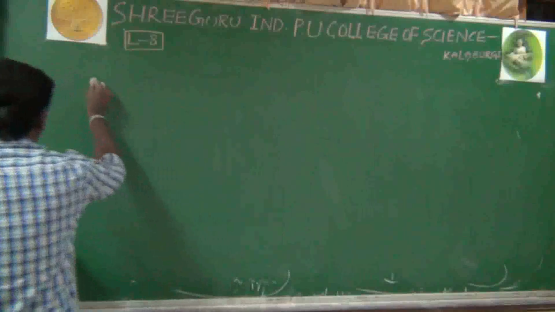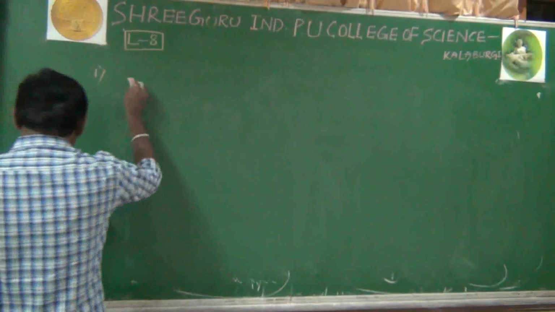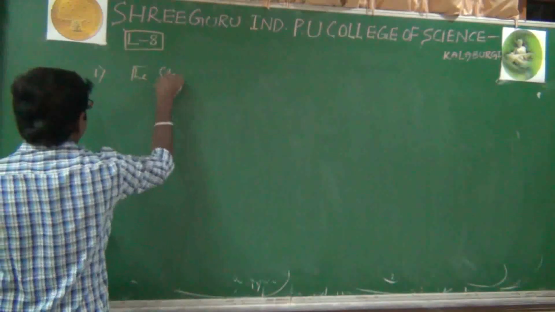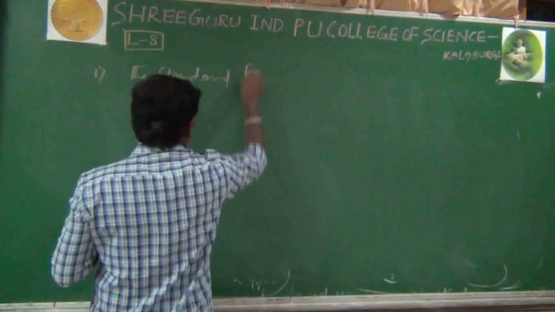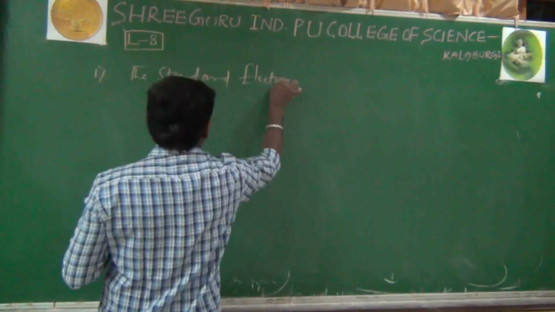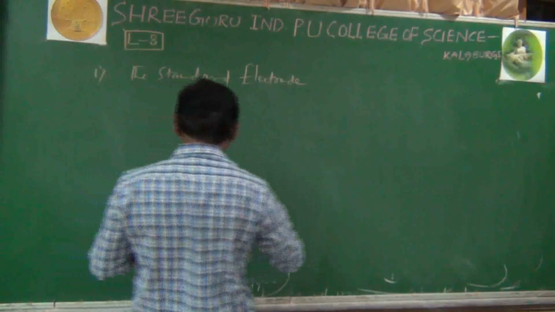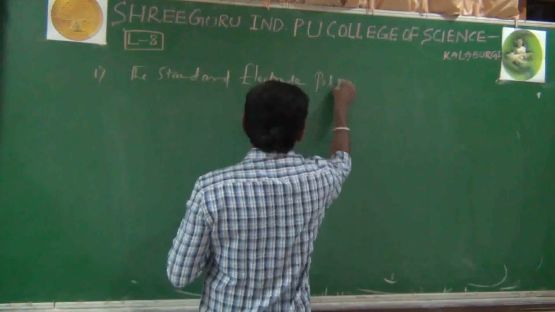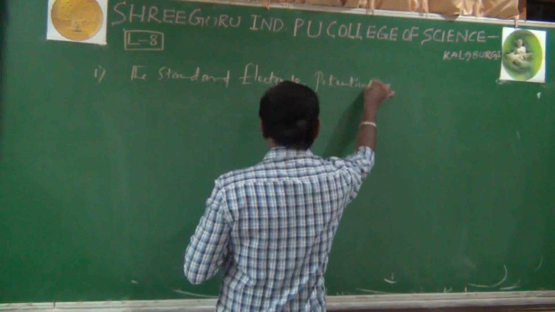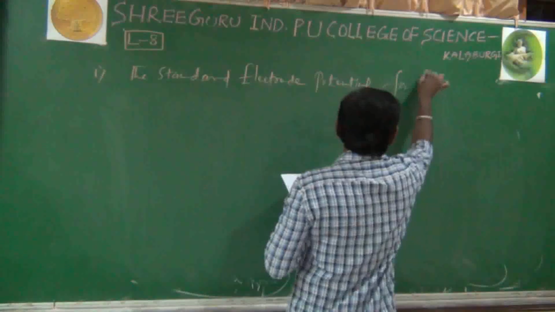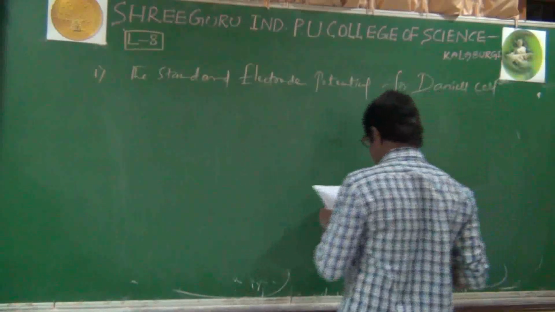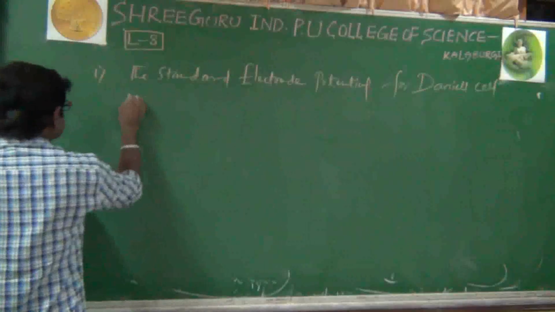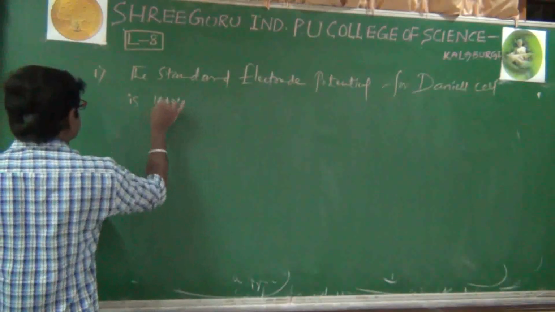Question number 1. The standard electrode potential for Daniell cell is 1.1 volts.